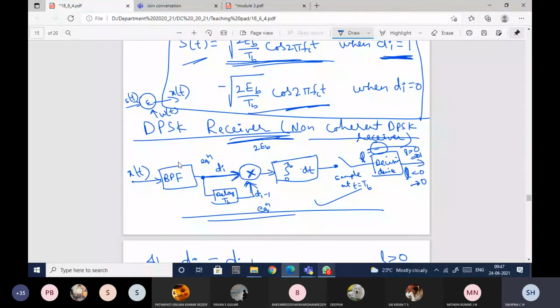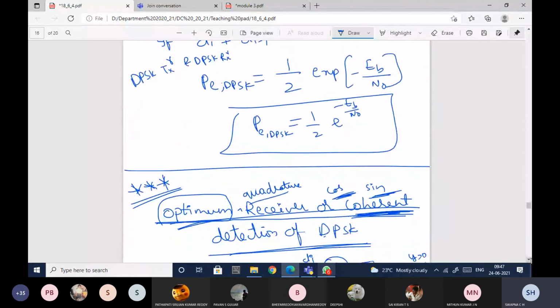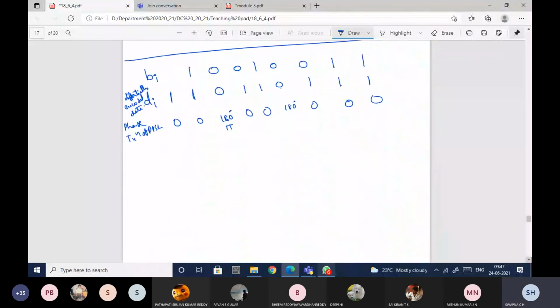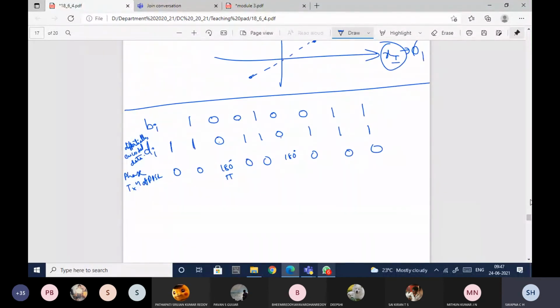And here, as I've already mentioned, I'm using the bandpass filter, which is eliminating the noise, and it is giving the input to the multiplier. Okay, so what will happen? See, di and di minus 1.